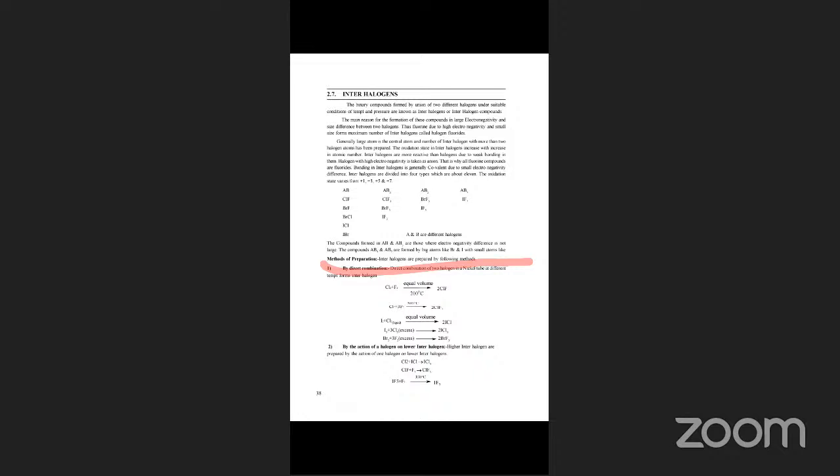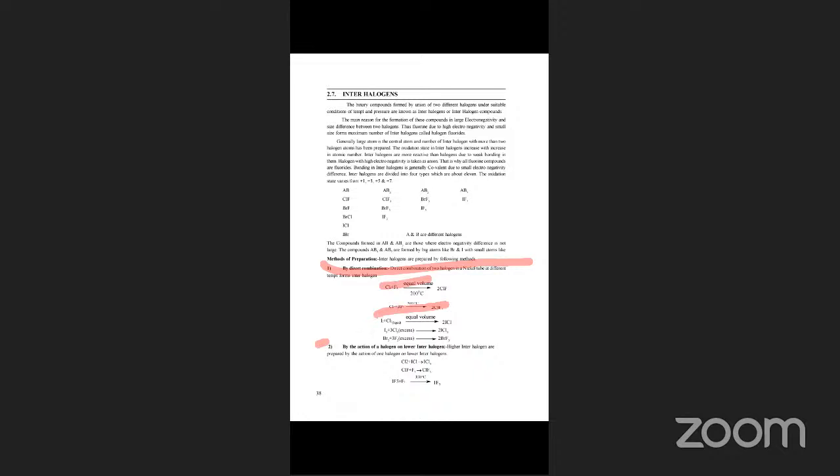Second, Cl2 plus 3 moles of F2, that is one mole of Cl2 and three moles of F2, at 300 degrees centigrade forms ClF3, an AB3 type. These are the preparations, number 1 and number 2.